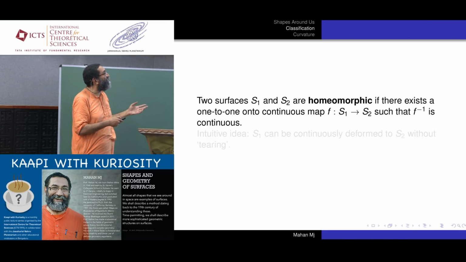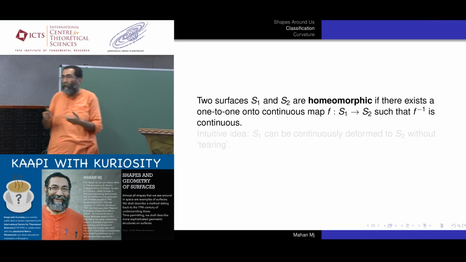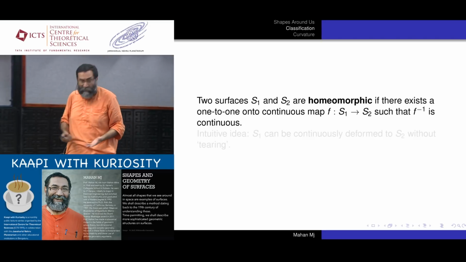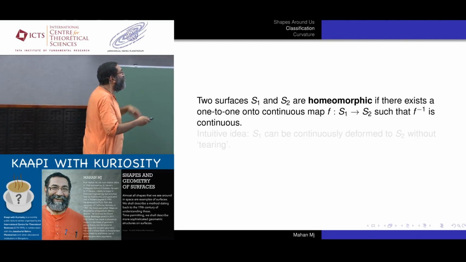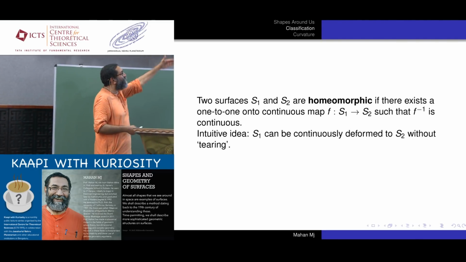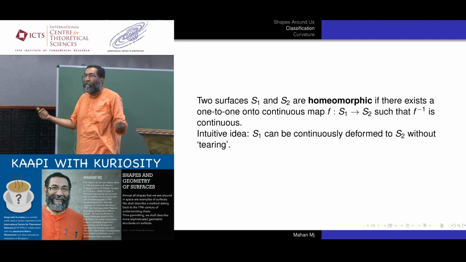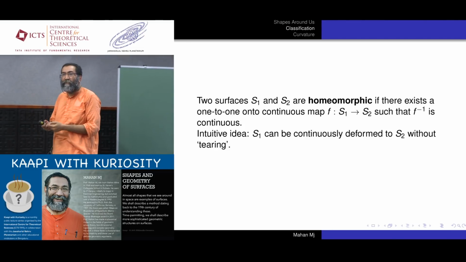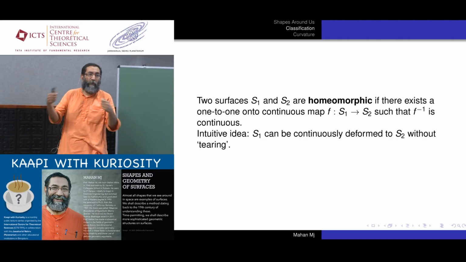It just means that this map is continuous. So that's again a word. What does it mean? The intuitive idea is that the first surface can be deformed to the second surface without tearing and without gluing.